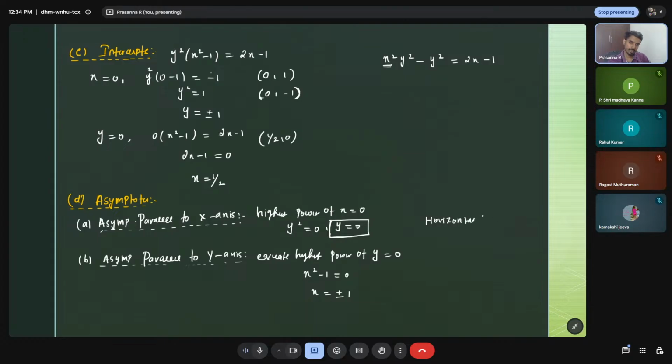It has a horizontal asymptote at y is equal to 0, and it has two vertical asymptotes, which are x is equal to 1 and x is equal to minus 1, right?